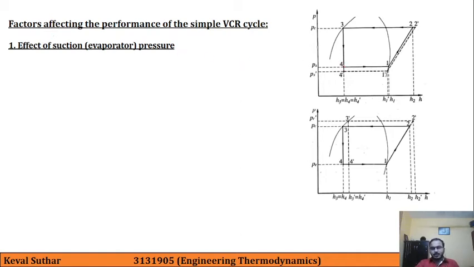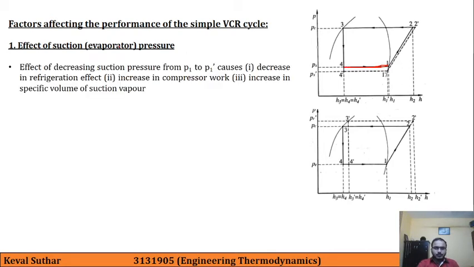Suction pressure is the evaporator pressure. First we will discuss the effect of decreasing the suction pressure from P1 to P1 prime. Here we have reduced the suction pressure in this way. So what has happened here?